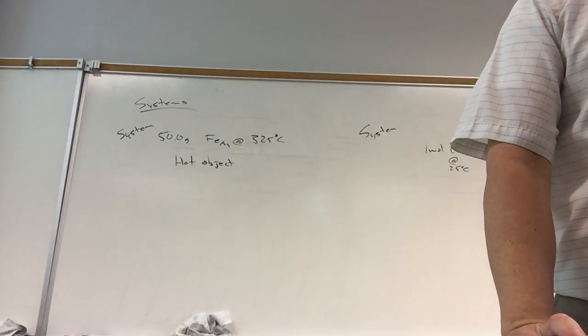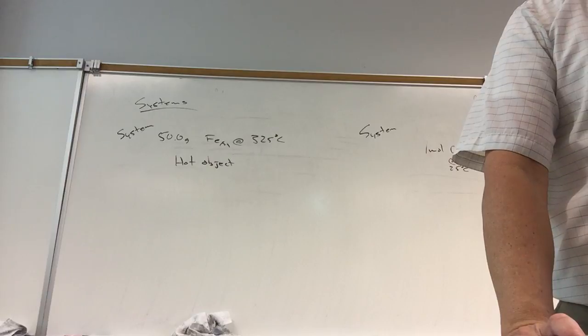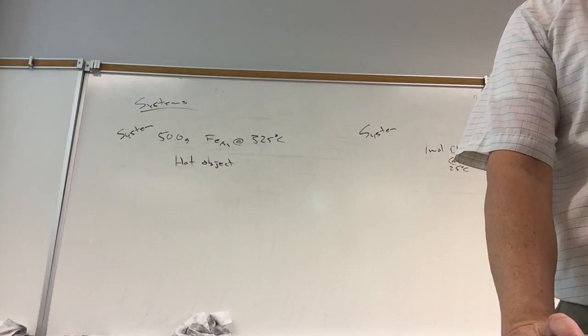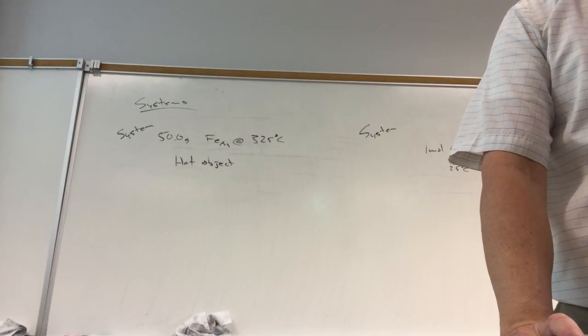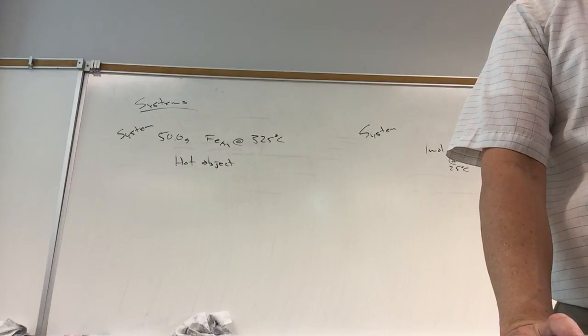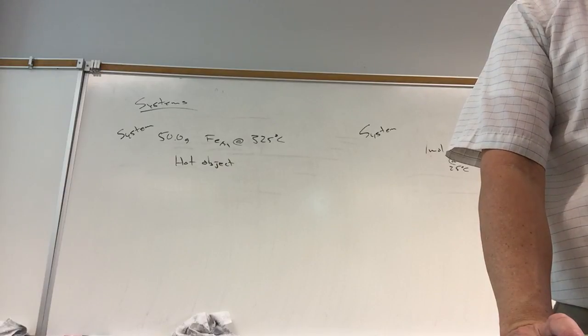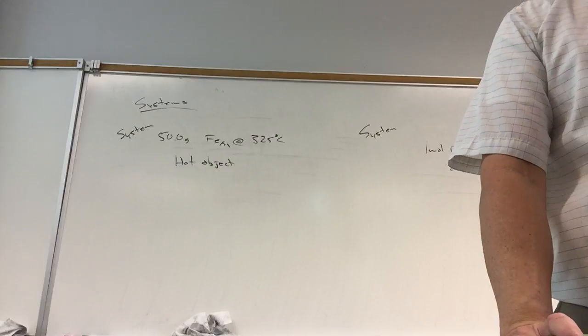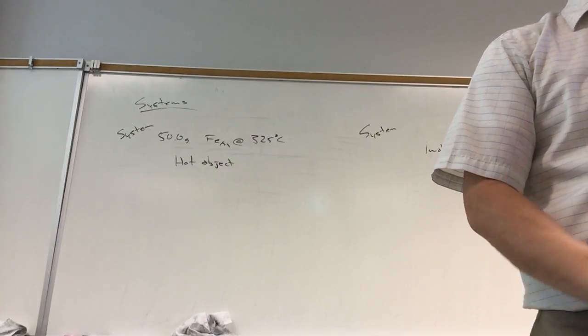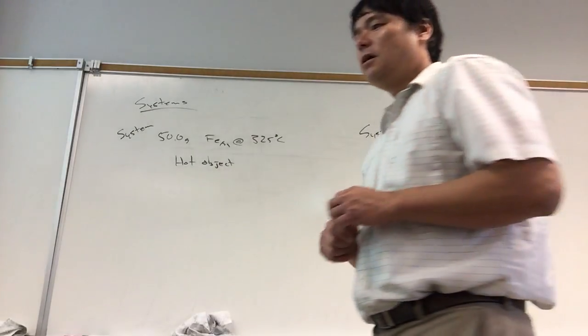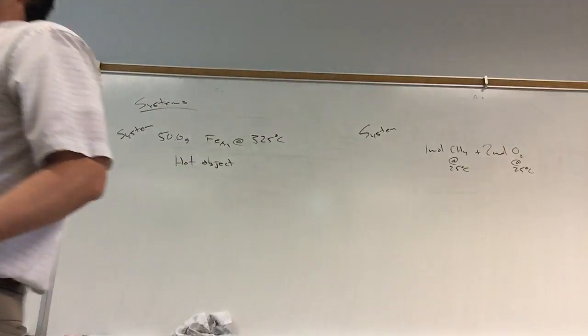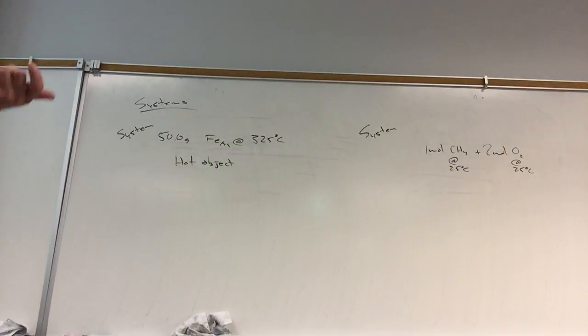I'll leak out a little bit of methane. I don't want to leak out 1 mole of methane because that would be like 25 liters of methane in here, right? Is this methane and oxygen going to make the room hot? No, it's not, because if we treat this as an object, this object is going to be at the same temperature as the room.